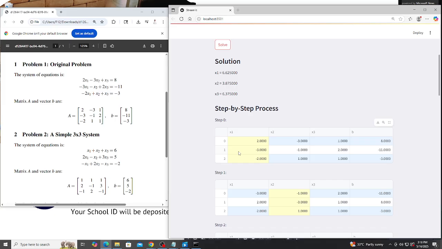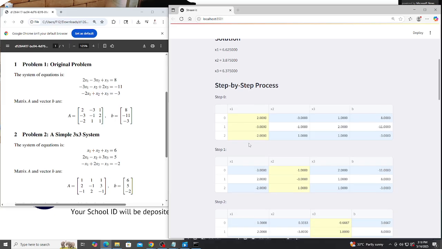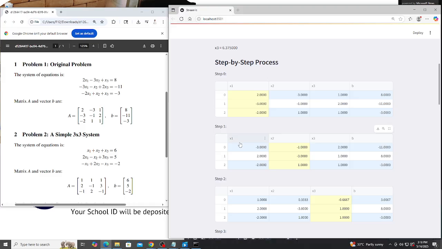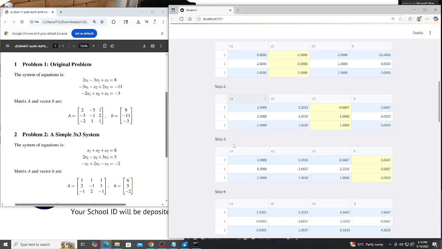So as you can see, there is a step by step on how to solve the given problem.